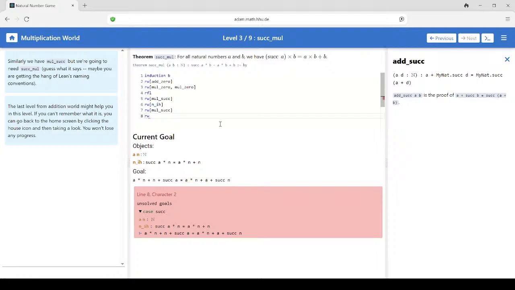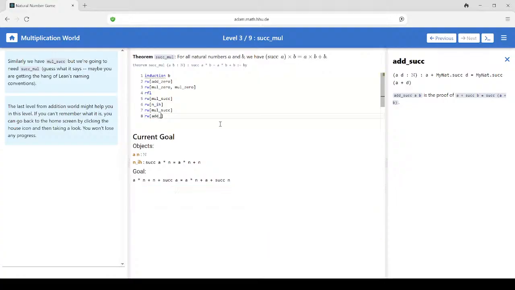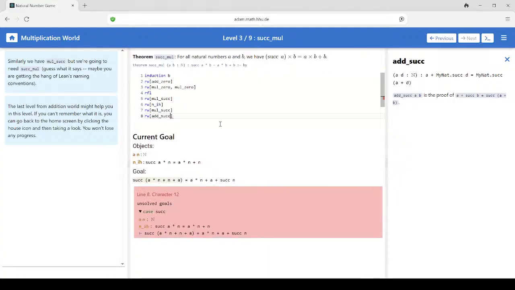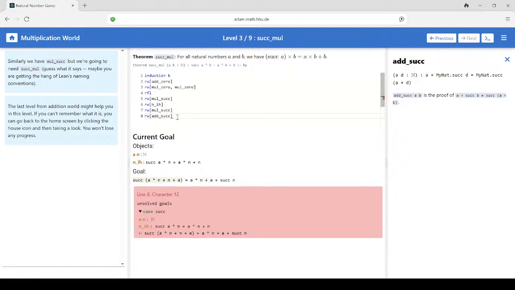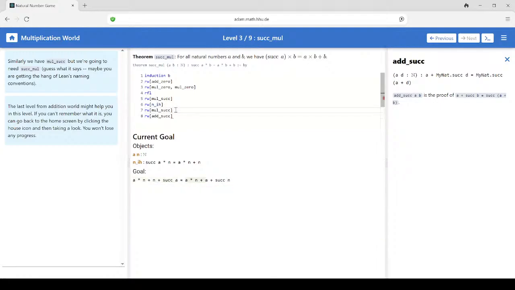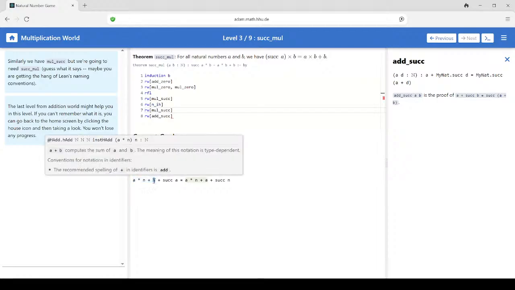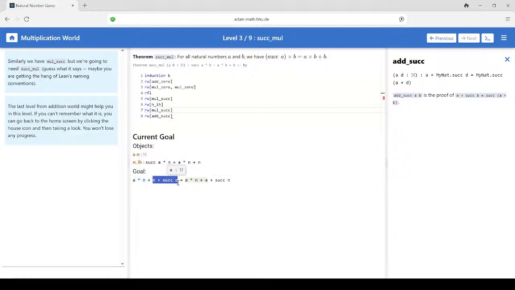Rewrite add successor. That didn't do exactly what I thought it would do. All I wanted was for it to do this one here.